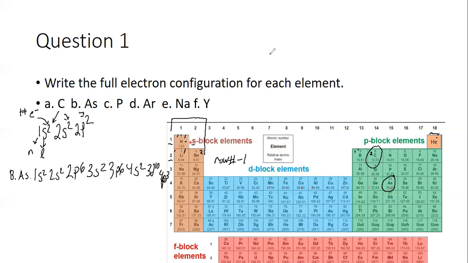All right, let me start doing some of these in case you are lost. So phosphorus, element 15. To get there, we need to go through 1s2, 2s2, 2p6, 3s2, and then we'll finally end up at 3p3.